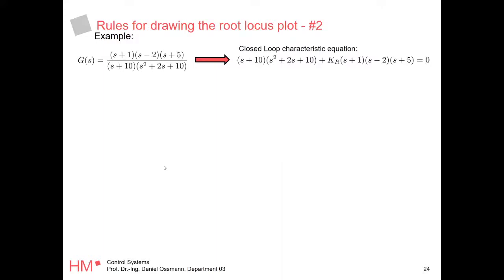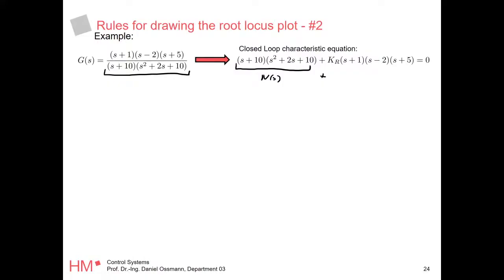Okay, but let's do an example. So this is a system where we have 1, 2, 3 poles and we have 3 zeros. So we should somehow have 3 lines, right? And the characteristic equation is again n of s plus, and this needs to be Kp, sorry for that, this is still old.